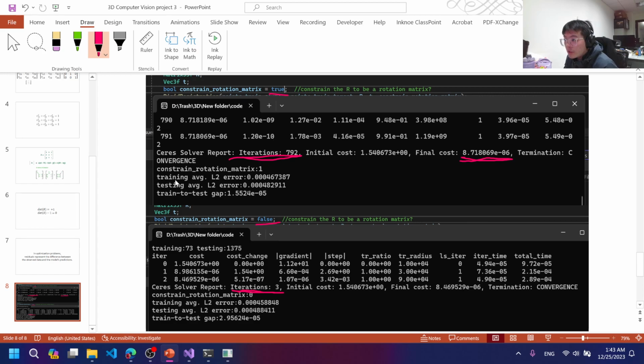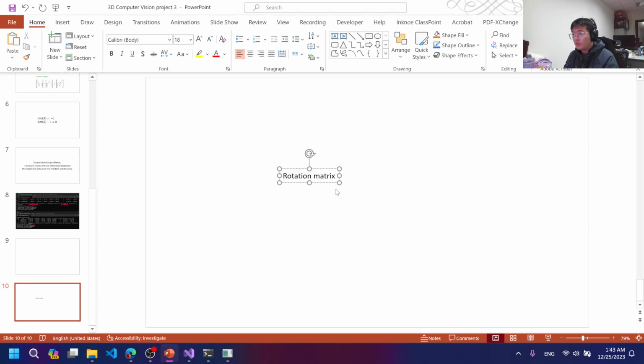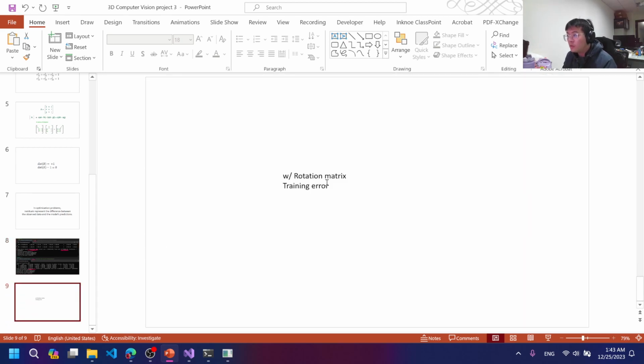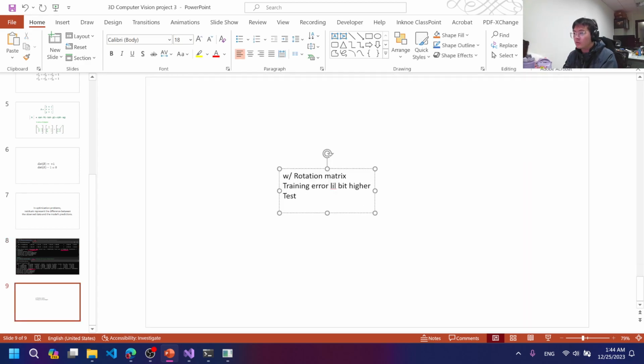So let's take a look at the training error, 0.0467. With rotation matrix, the training error is a little bit higher, and then we can see the testing error is a little bit lower.